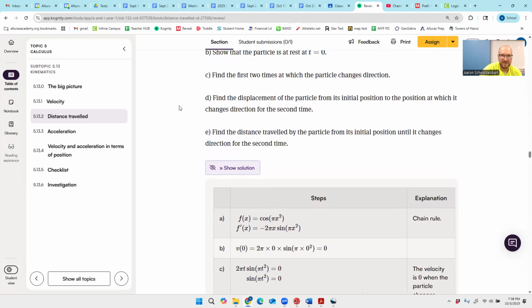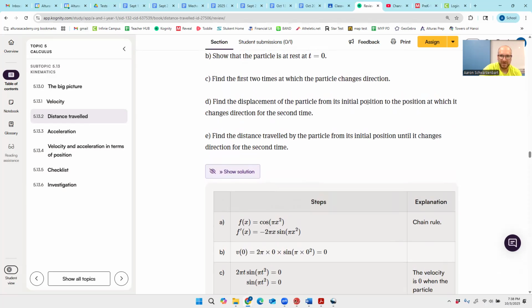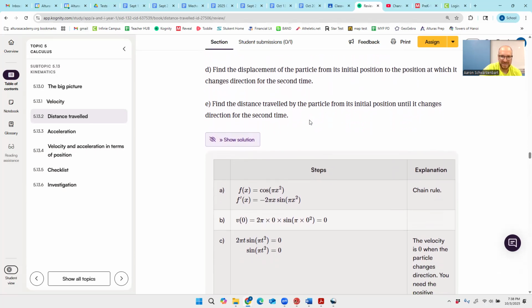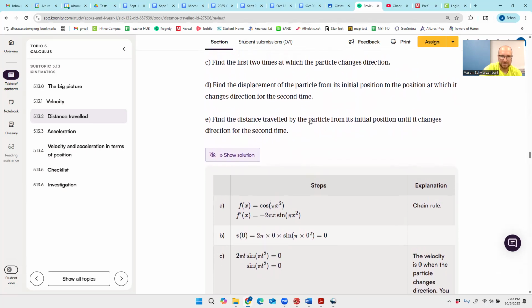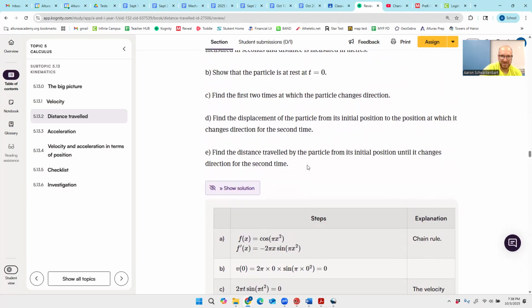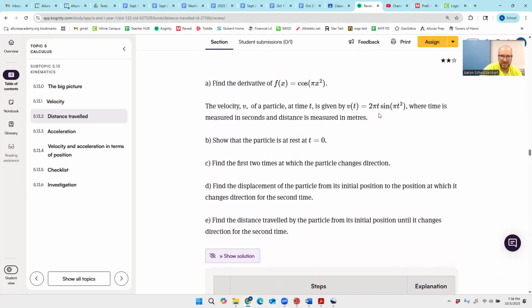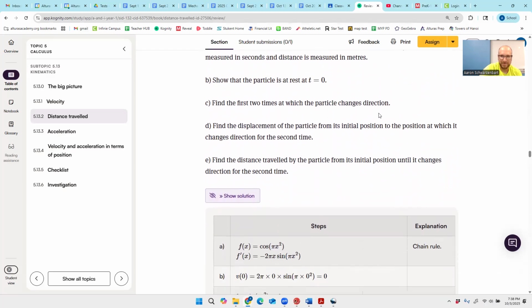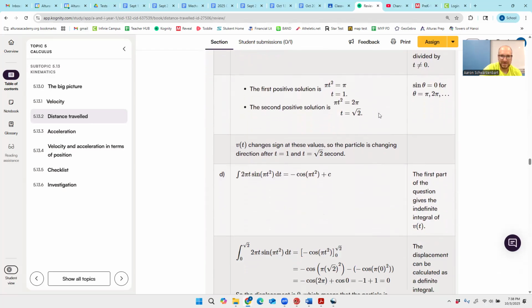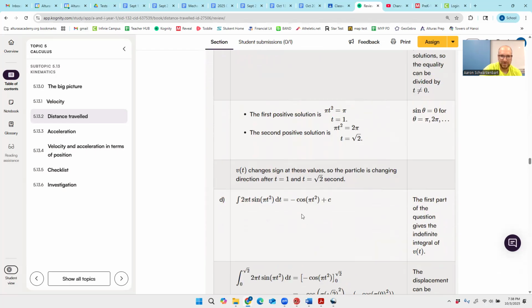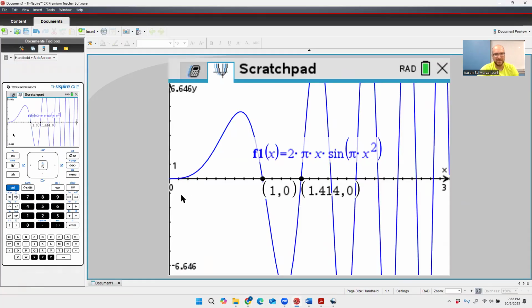Find the displacement of the particle from its initial position to the position at which it changes direction for the second time. So the displacement is the integral of the velocity function. There's no way I'm doing that by hand when I have a graphing calculator to do it.